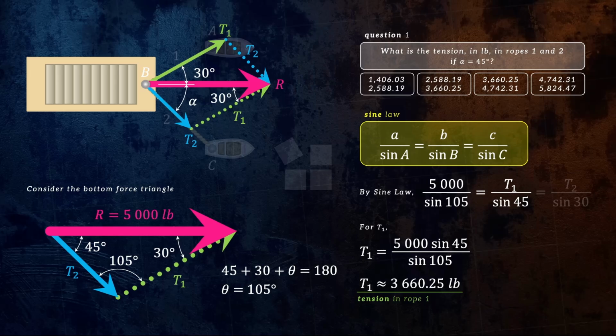Now, solving for T2, let us bring back the third term and temporarily disregard the second term. From what's left, we can multiply both sides of the equation by sine 30.